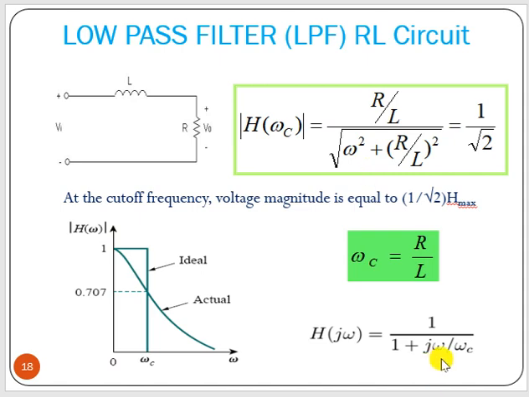From here we can say that when omega equals 0, this term becomes 1. And when omega becomes infinity, 1 by infinity is 0. So it is nothing but a low pass function.